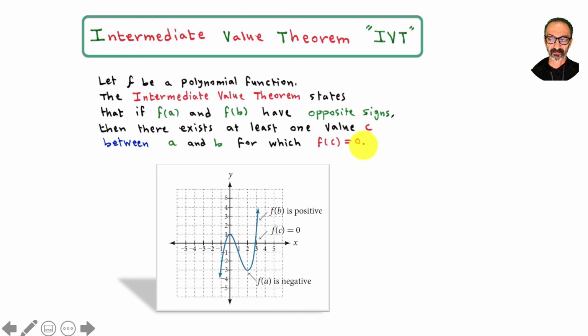What does that mean? Here f of a is negative, whatever a is. A could be 2. And f of b is positive, whatever b is, maybe 3.2. Up here, that's f of b.